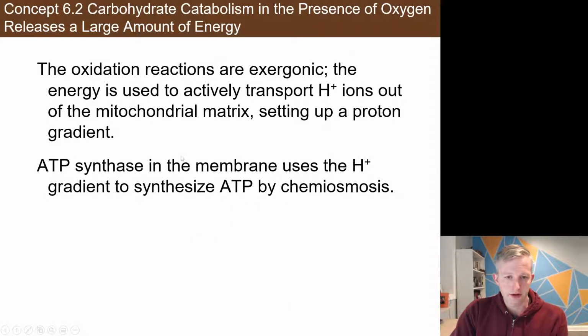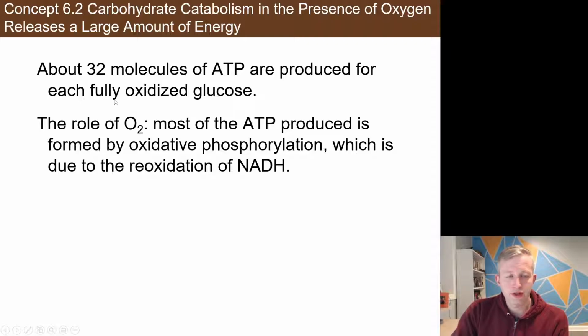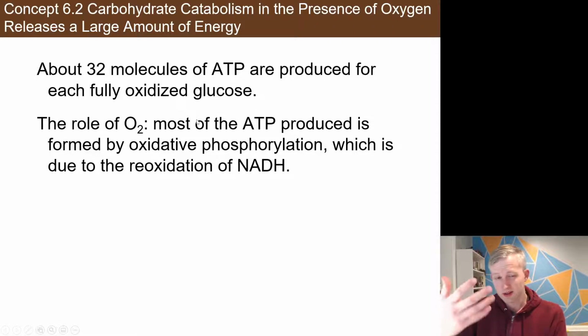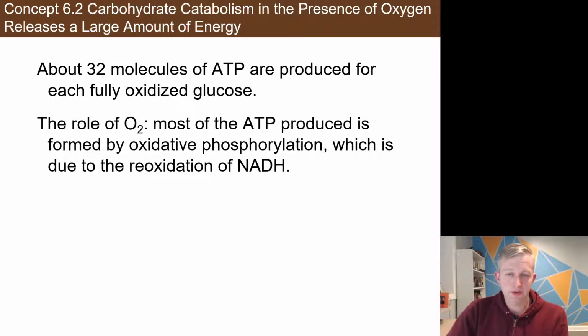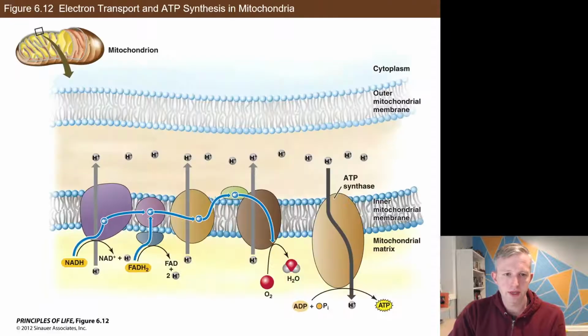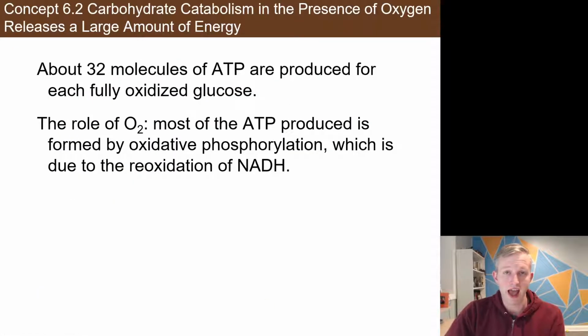So you see what I just said: about 32 molecules of ATP are produced for every fully oxidized glucose. It says about because chemistry is not perfect, and the exchange between how many electrons are being dropped off, how many protons that means, and how many protons really need to pass through ATP synthase to facilitate the making of ATP doesn't all work in round numbers, so we have an average amount.